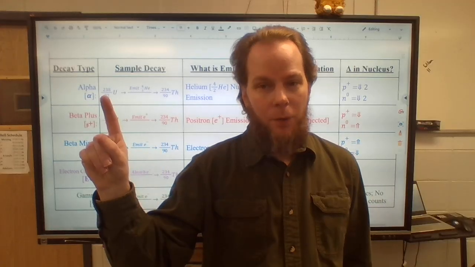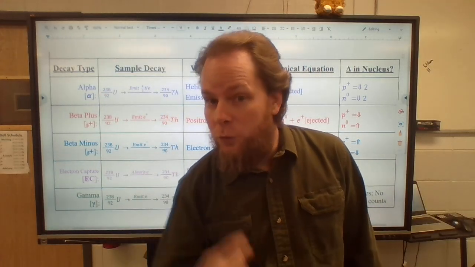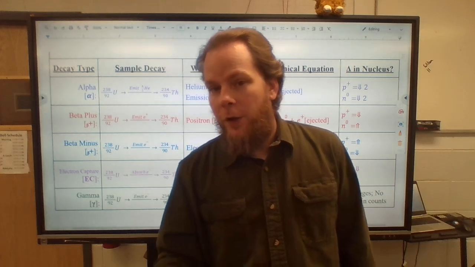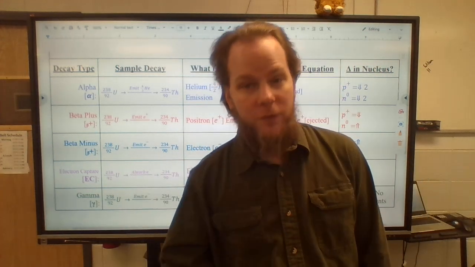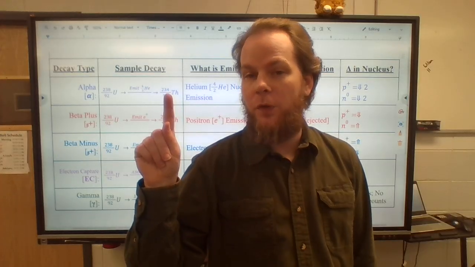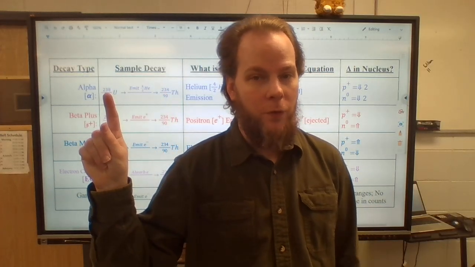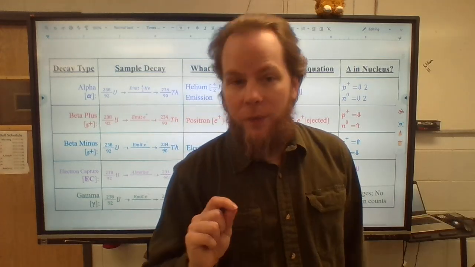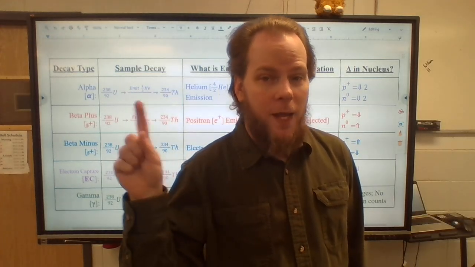But the mass number, the top number here, is the protons and the neutrons together. So the mass number went down by 4, 2 protons, 2 neutrons. So this becomes thorium-234 instead of uranium-238.